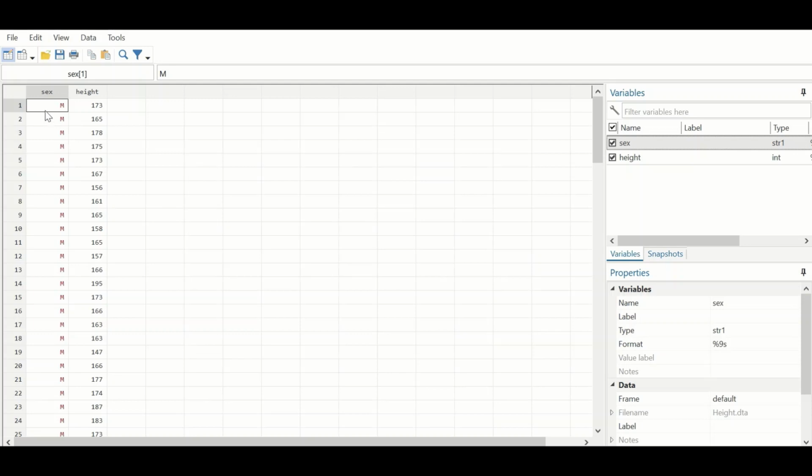The first one is sex, which is categorical, and it has two levels, or two categories, males and females, and another variable which is the height of the participant measured in centimeters. So the height is the dependent variable, and the grouping, or the sex, is the independent variable.